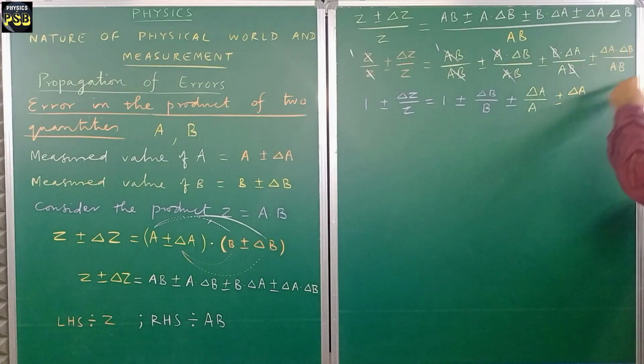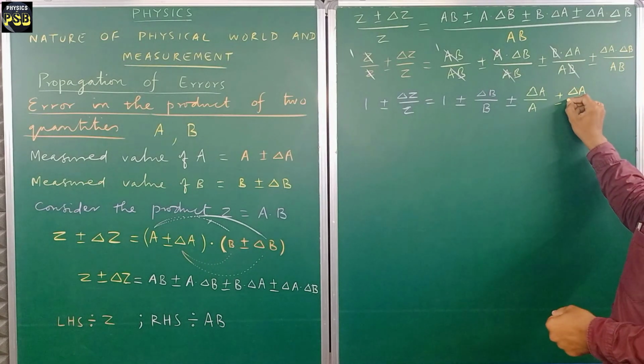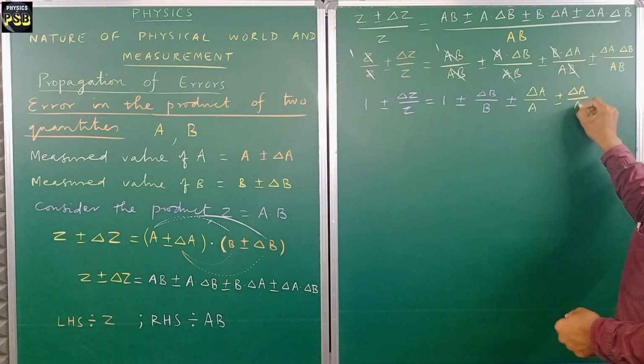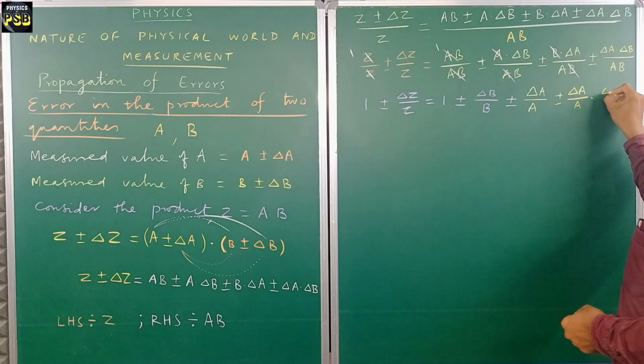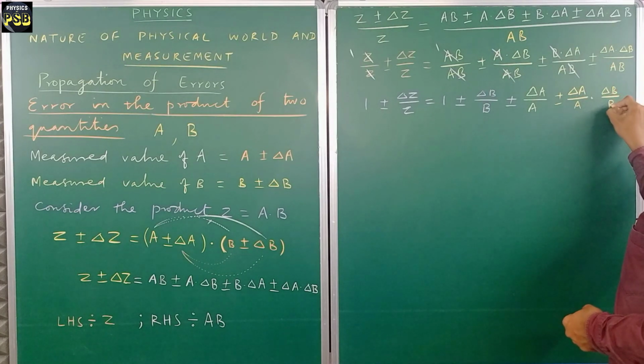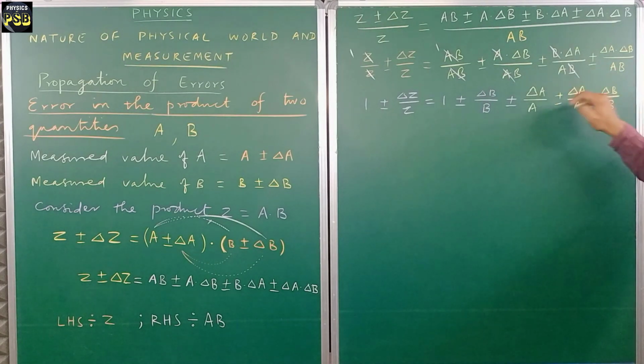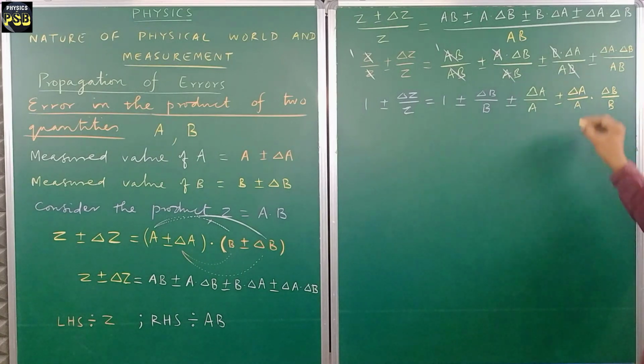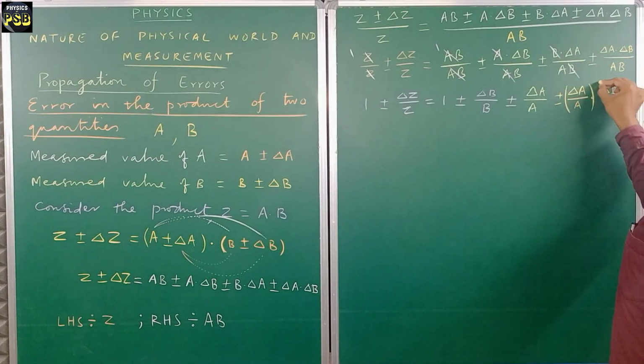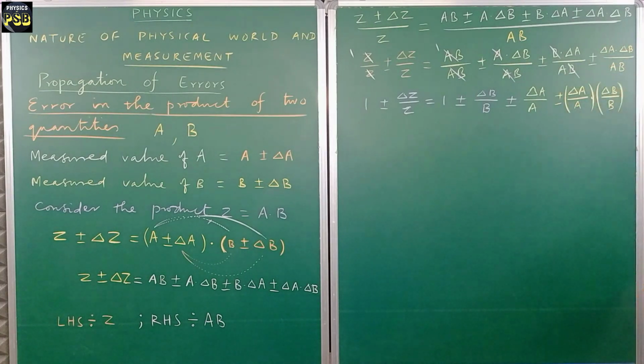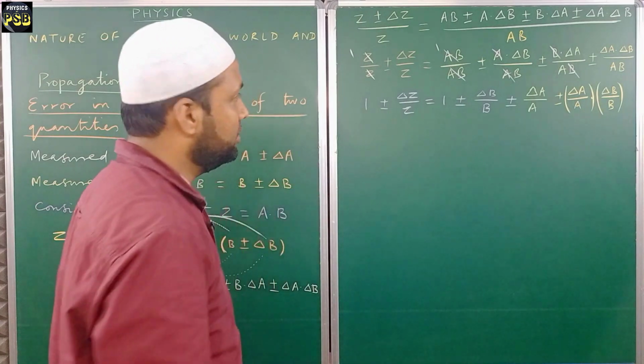I'm going to expand this part. It is expanded as delta A upon A multiplied with delta B upon B. Okay. If you multiply these two, you will get this part. Now I take this within the bracket for better visibility and for my convenience.